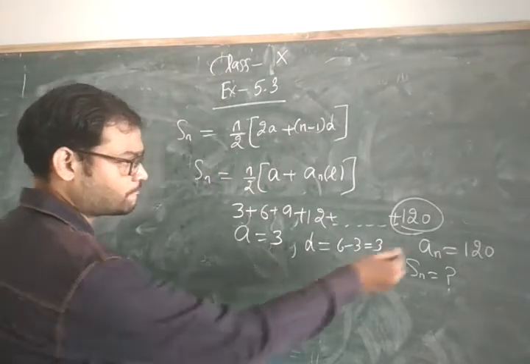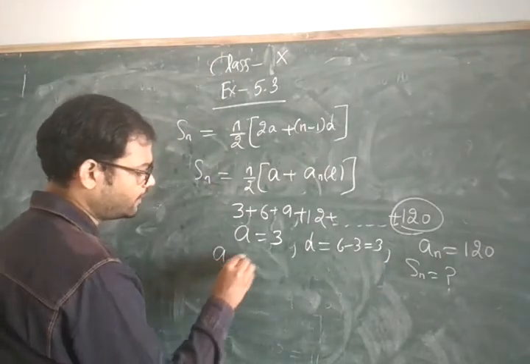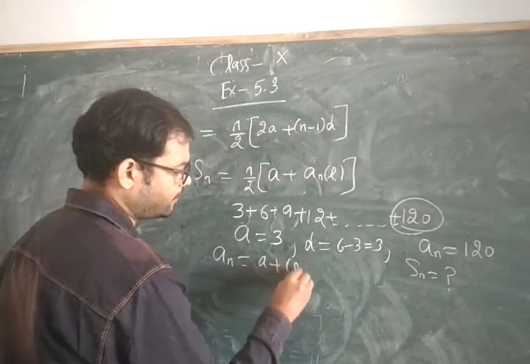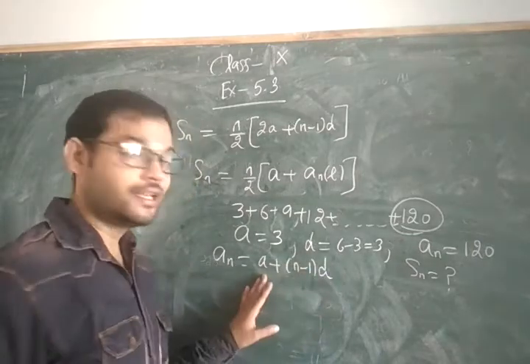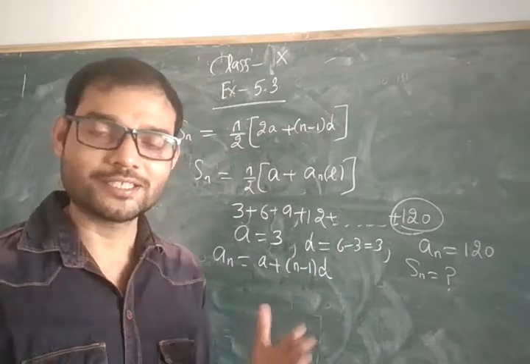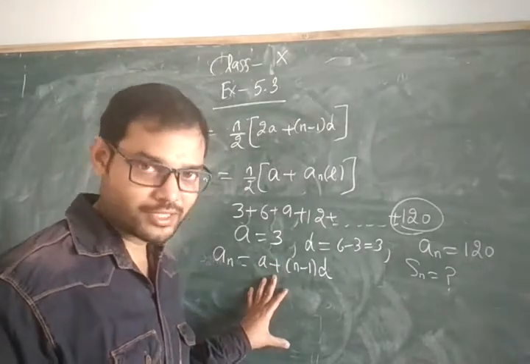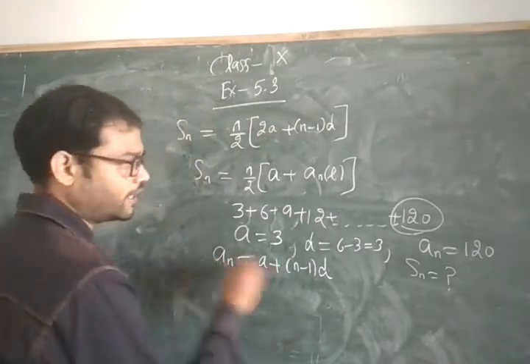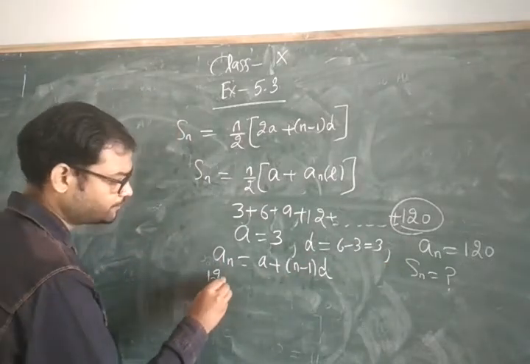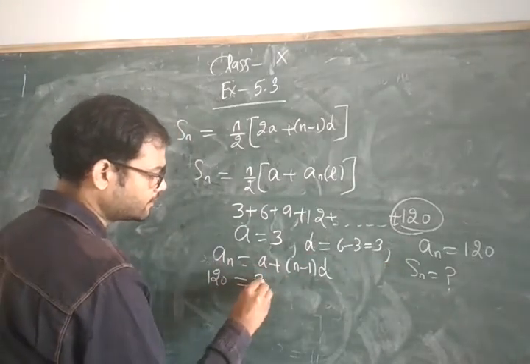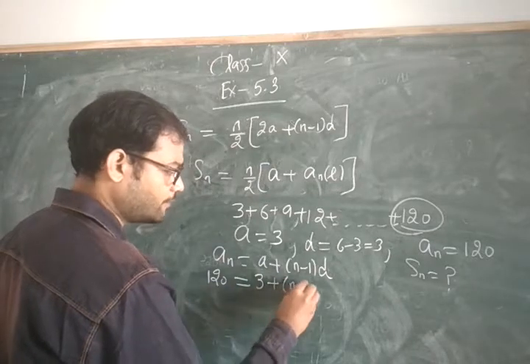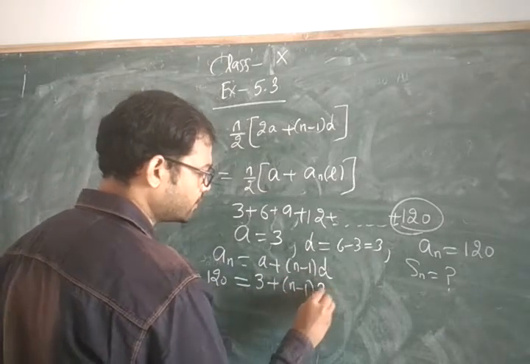Let's see. Again, the value of an is equal to a plus n minus 1 into d. You apply this formula first, which you also applied last time. So the value of an is 120, a is 3, and n you have to find, and the value of d is 3.